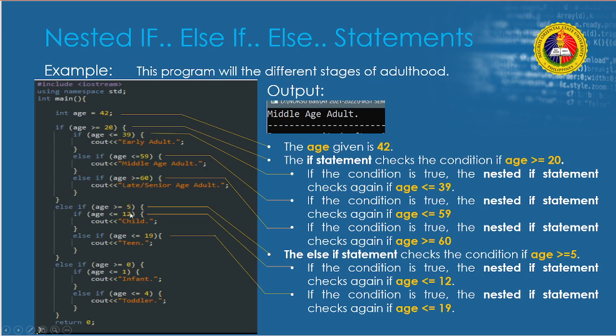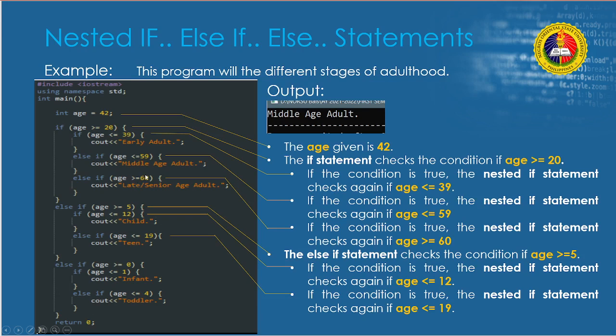If 5 to 12, it will display child. And if it's 20 to 39, that is early adulthood. If 40 to 59, it will display middle age adult. And then 60 and above, it will display late or senior age adult.